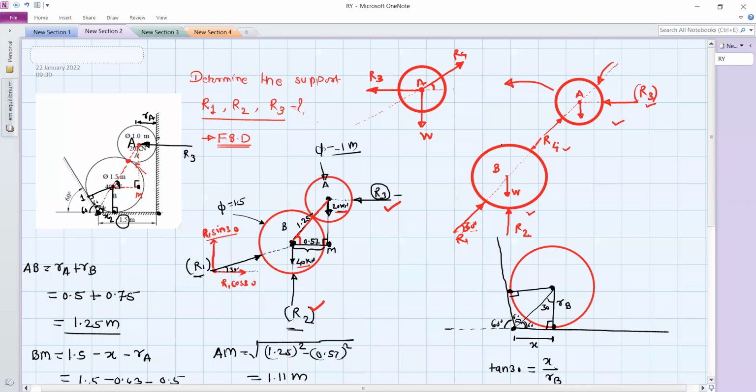Okay, for R4 the angle is not 30 degree. 30 degree is the angle only for reaction R1. So the line of action of R1 and line AB, okay, they are not collinear. So in this free body diagram, it looks as if both are collinear, but actually the angle is different. Okay.